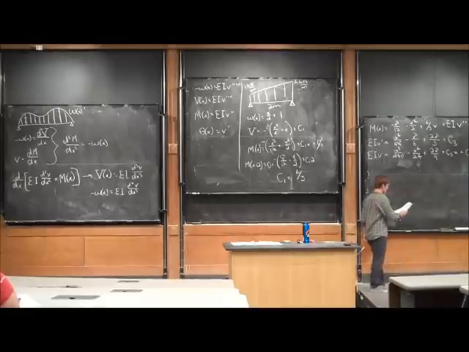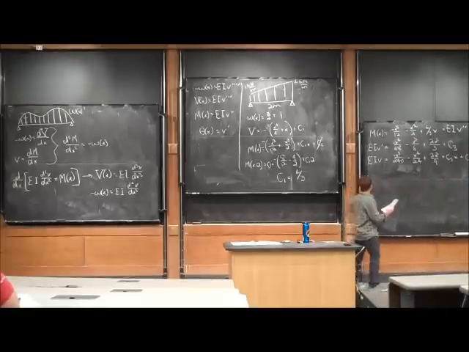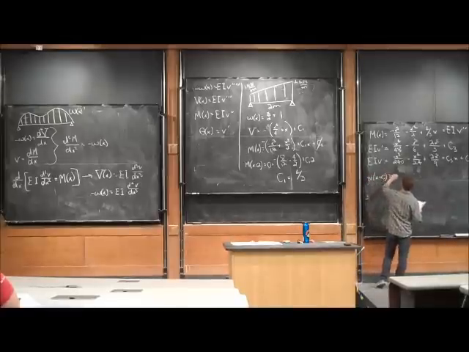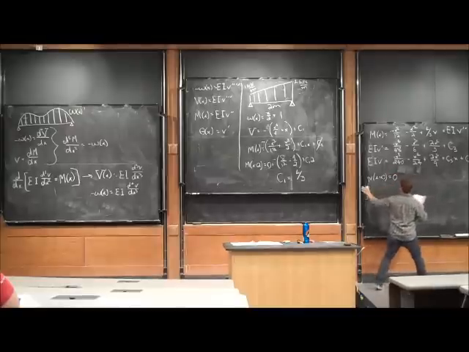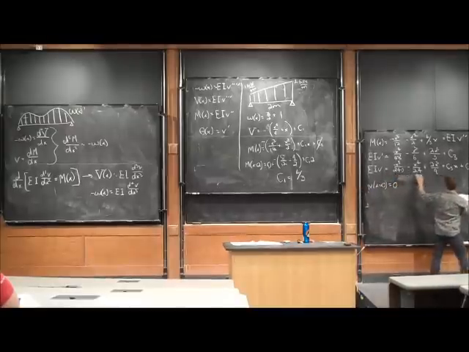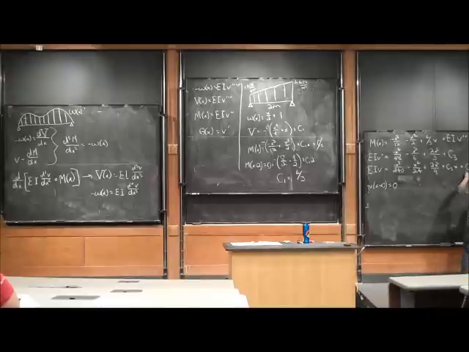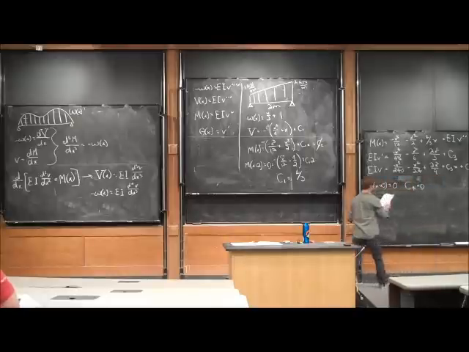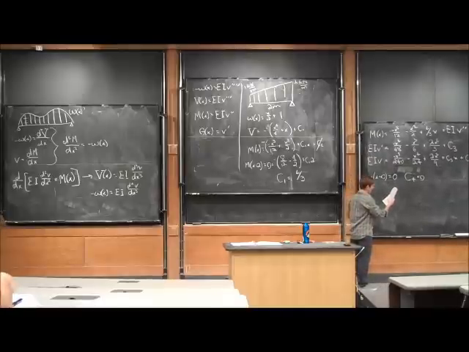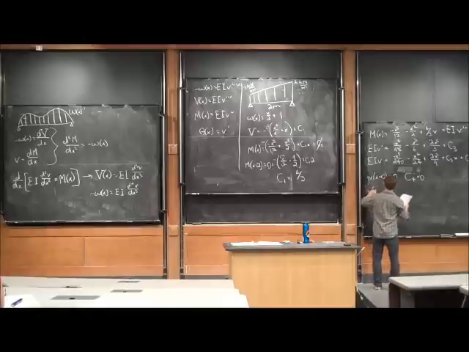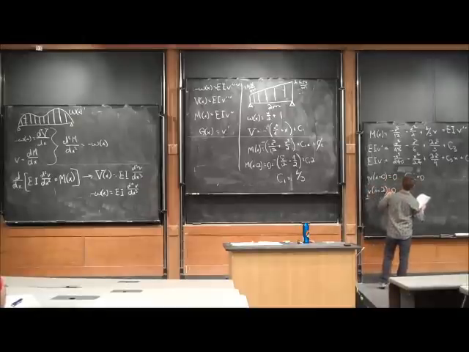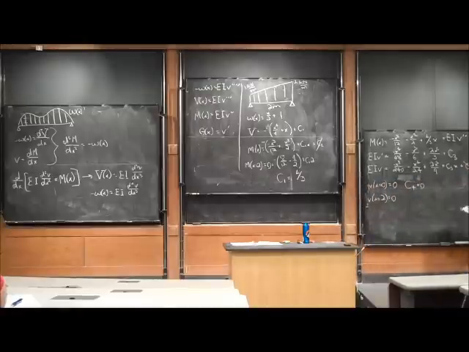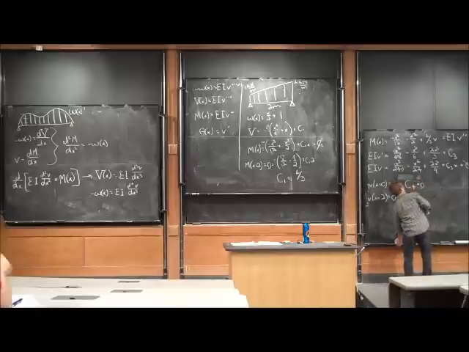So we need to apply some boundary conditions to figure out what our C3 and our C4 are. Well, we know that the deflection at x is equal to 0 is equal to 0. If I plug x equal to 0 into this equation, all of these terms go to 0, and we get that C4 is equal to 0. If I apply v at x is equal to 2 is equal to 0, this constant goes away, and I can plug 2 in for all these values.